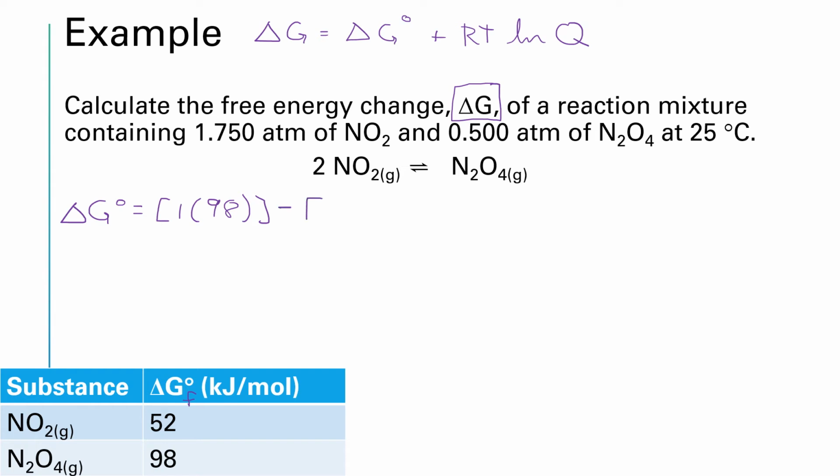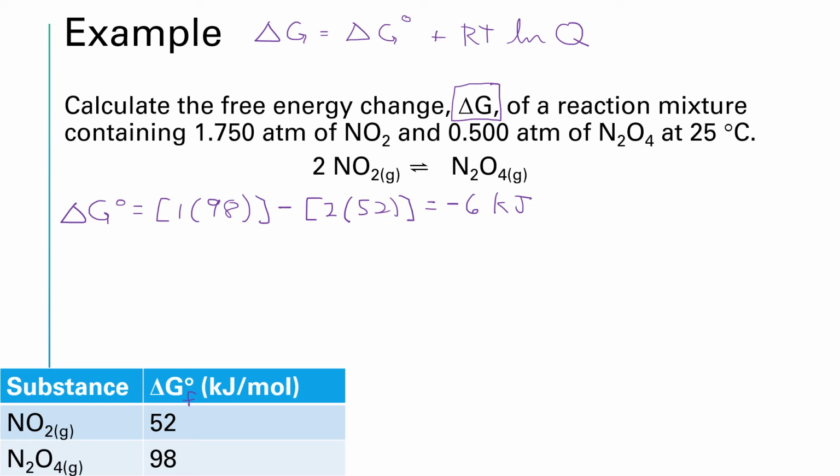And then for the reactants, we have 2 moles of NO2, and NO2 has a value of 52. So we will have 98 minus 2 times 52, which gives us a value of -6. So we have -6 kilojoules for delta G naught.